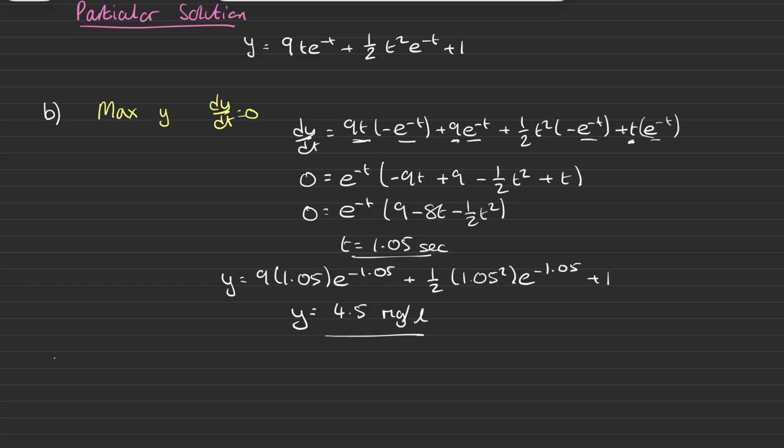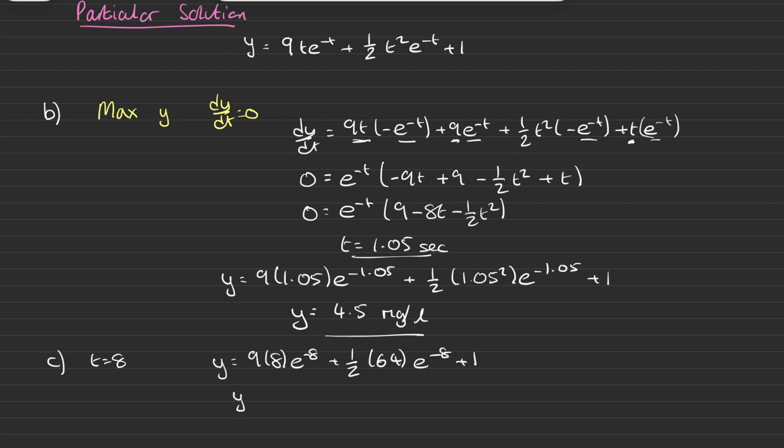Okay, so welcome back. So if t equals 8, then we'll have y. We'll substitute the 8 into our particular solution for t. So we'll get 9 lots of 8 e to the negative 8 plus 1/2 of 8 squared e to the negative 8 plus the 1.